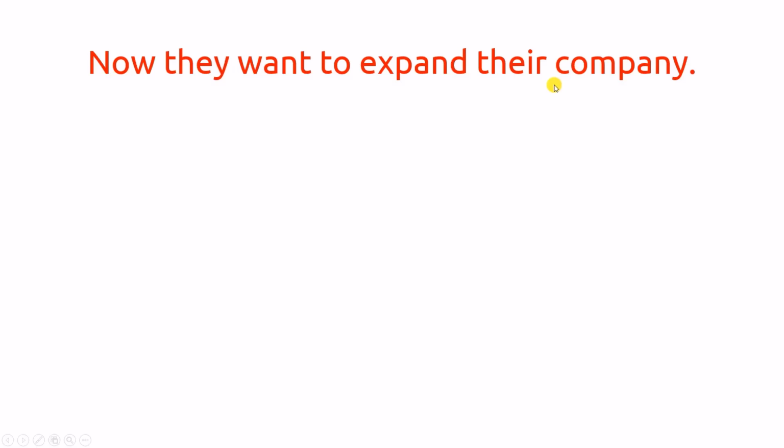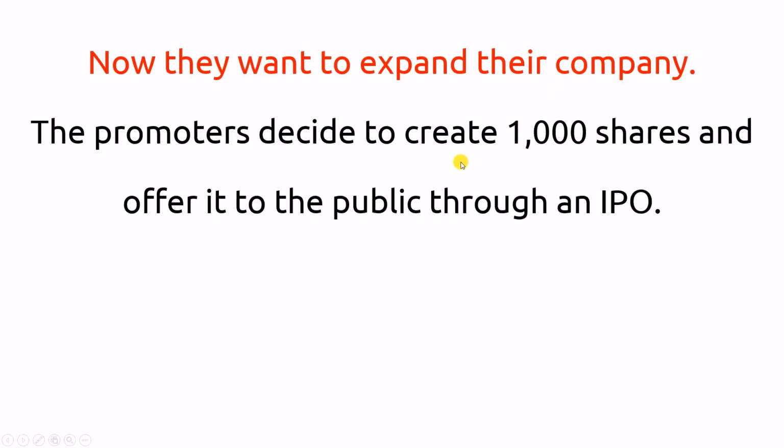In simple words, they want to expand their company, and to expand, they need more money. So they decide to create 1,000 shares and offer them to the public through an IPO. So now they are deciding to go for an IPO.